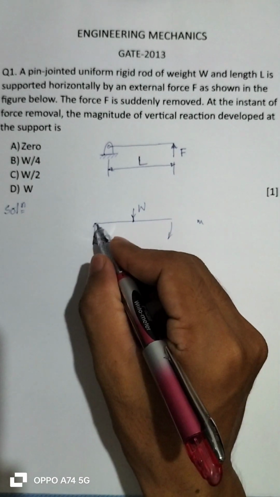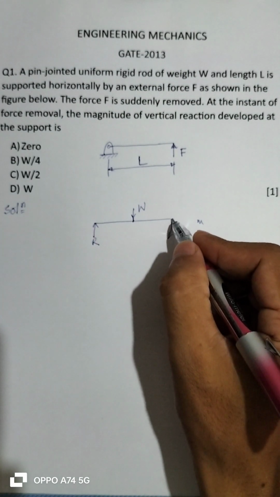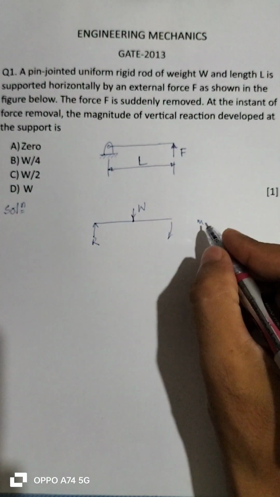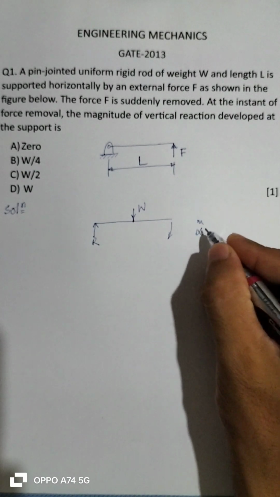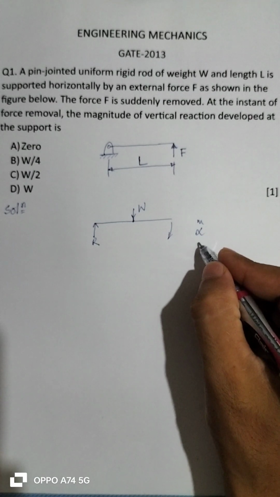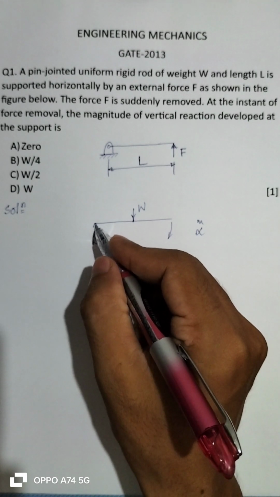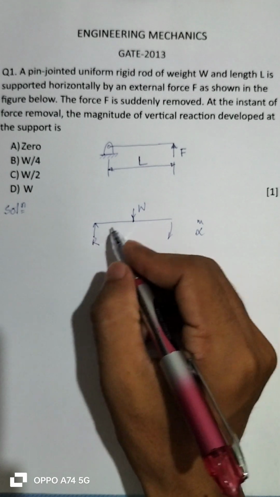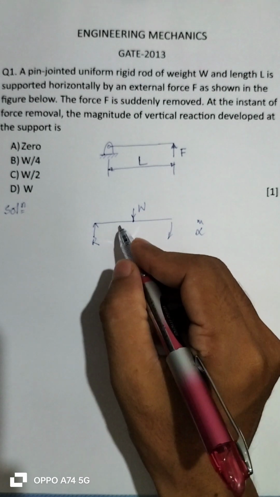There will be a torque generated by the weight, and due to this torque it will try to rotate like this. So let M be the mass of the rod and alpha be the angular acceleration, and W and R both are opposite forces acting. So there will be a net force acting on the rod.